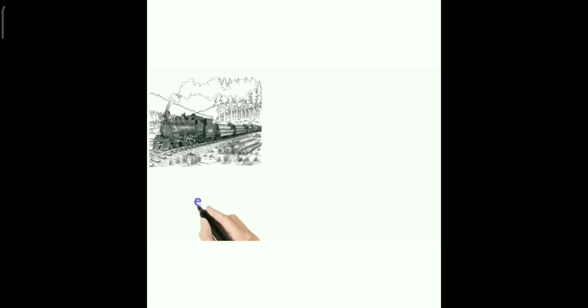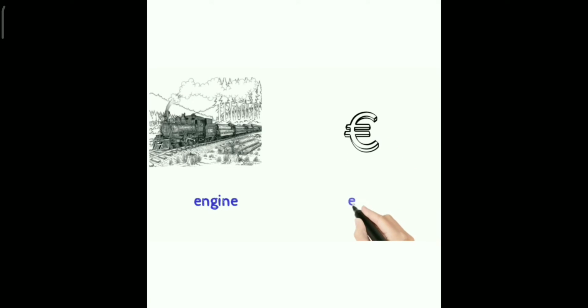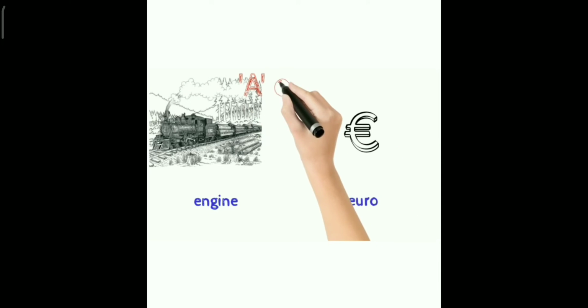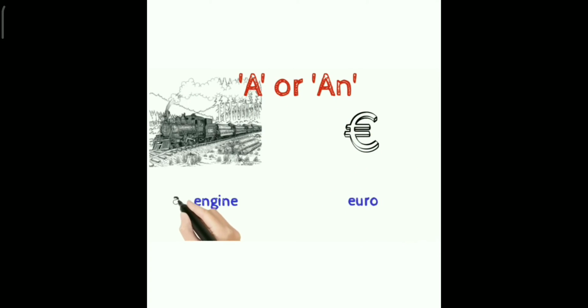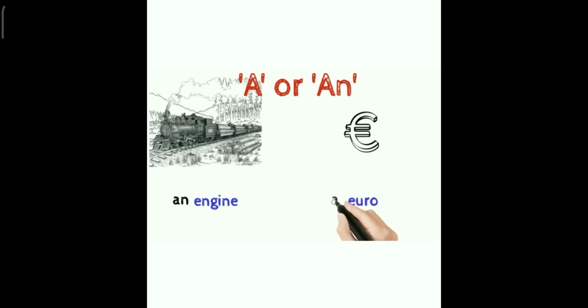Let's take one more example. This is an engine and this is euro. Both start with E, and letter E is a vowel, right? But how will we decide whether it will take a or an? Right, we will pronounce the word and listen to the sound of the starting letter.